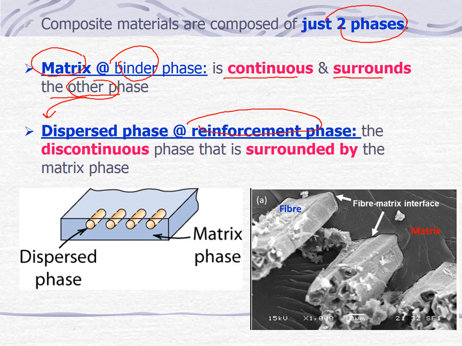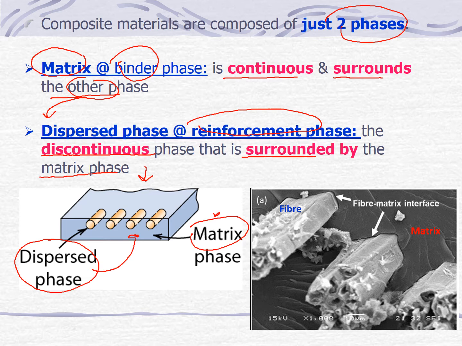The reinforcement phase is surrounded by the matrix phase, as you can see in the illustration. The blue color is the matrix phase, and the cylinder-like particle is the dispersed phase, the reinforced phase that we add to the matrix phase, in order to improve the weakness of the matrix phase.